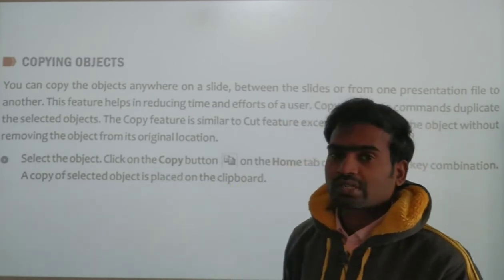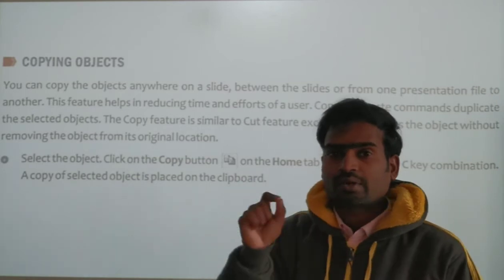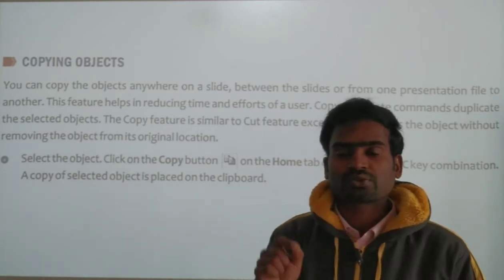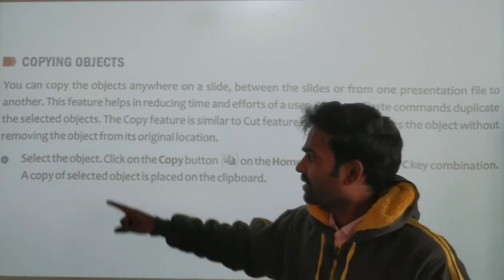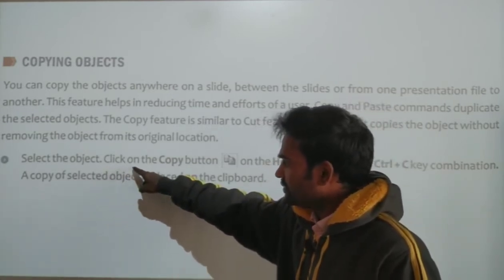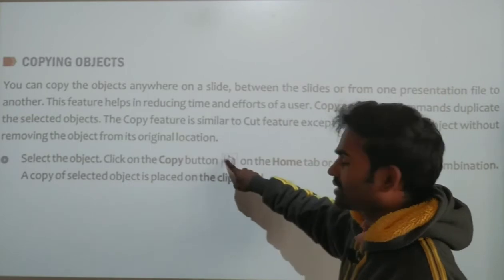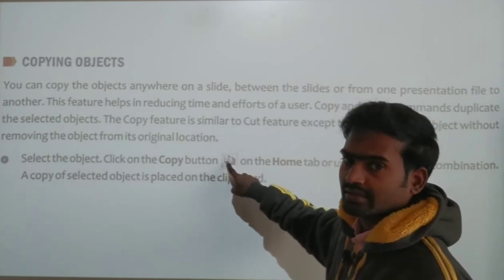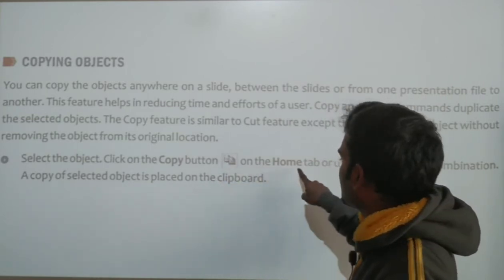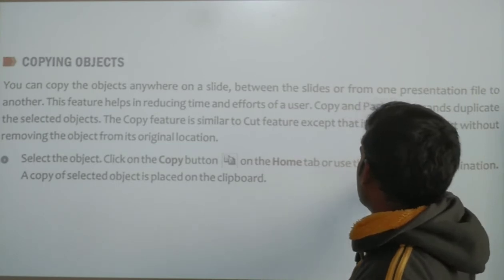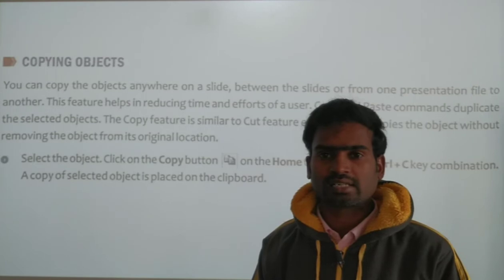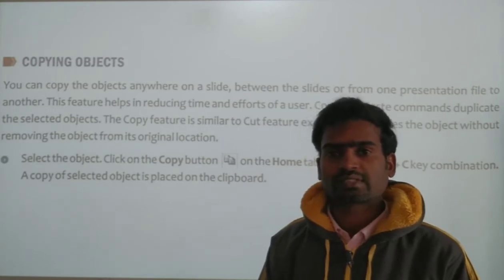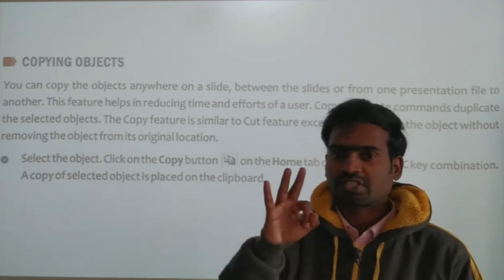So how to do that, sir? First thing we are supposed to do, we should select the content or object, anything. Select the object, click on the copy button. This is an icon, you can see it clearly in your book, on the home tab, or use the Ctrl+C combination. So there are 3 ways, as I was telling yesterday, and today also we have the same options. To copy it, we have 3 options.